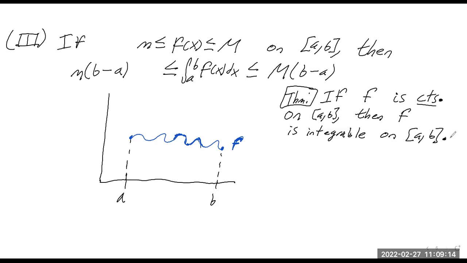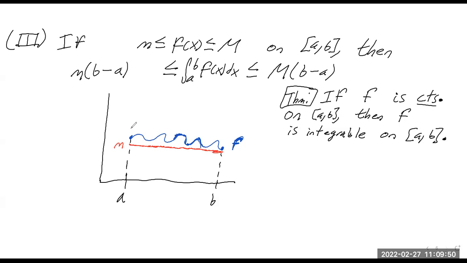Now, I think it's pretty clear that if I make this nice little red line, which I'll call little m, that f is bigger than or equal to that little m on that interval, i.e. the curve of f lives above this flat line little m.